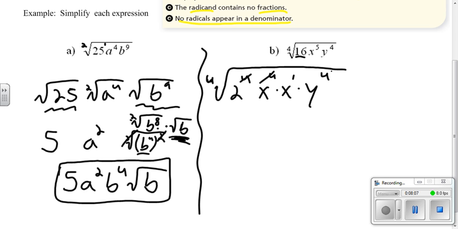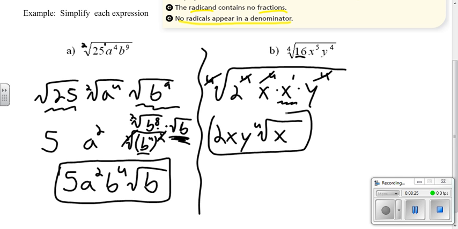All of these 4's will cancel out with this 4, leaving on the outside 2, x, and y, but this x to the 1 needs to remain as 4th radical of x because it didn't have anything to cancel out. So in the end, this final answer will be 2xy times the 4th root of x.